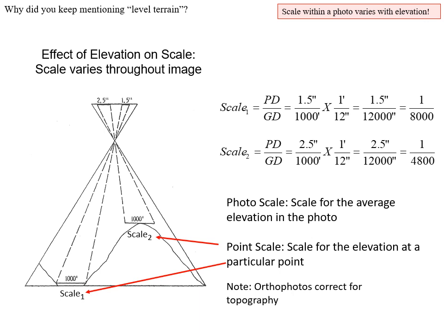And we have a process that creates orthophotography that basically takes photography where you have varying topography and corrects for these effects so that you have uniform scale throughout the entire image.